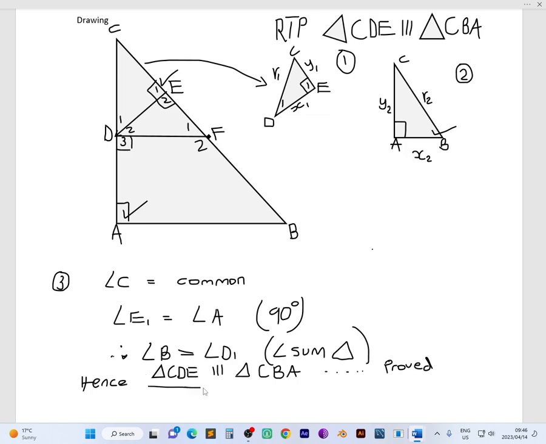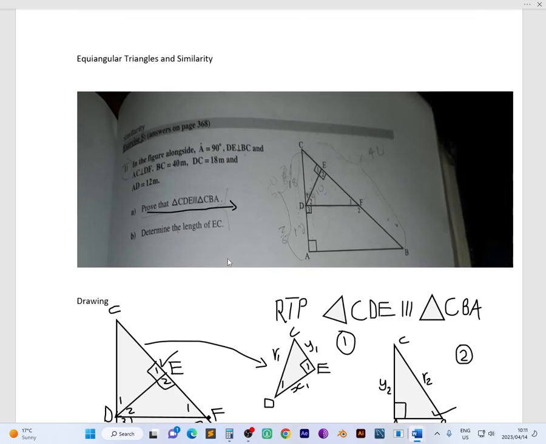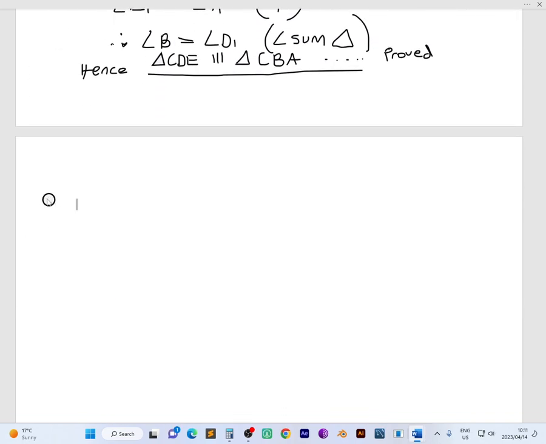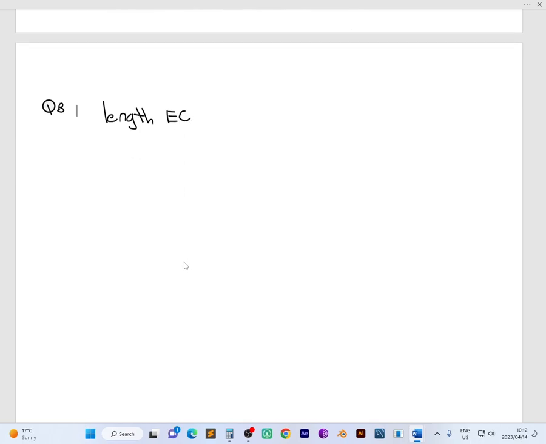And then we have to go to the other question. The other question says determine the length of EC. As I've rescaled, EC there is going to be Y1. So that is question B, where we are required to find the length EC.